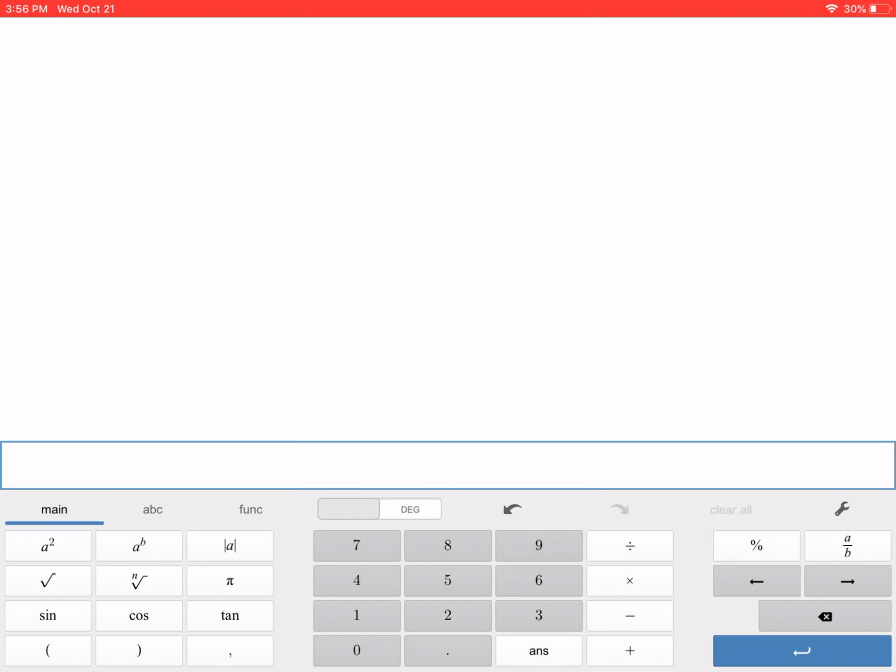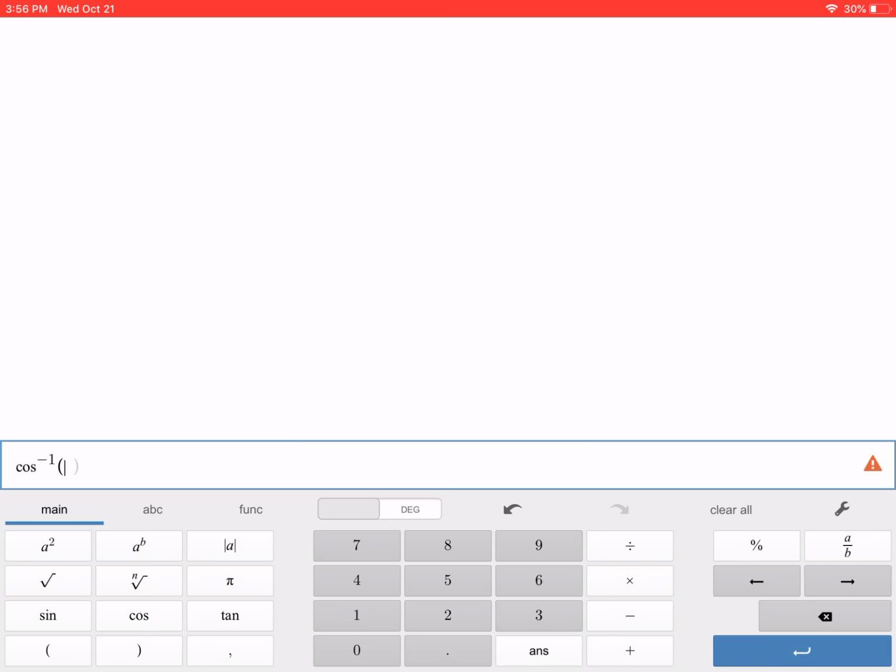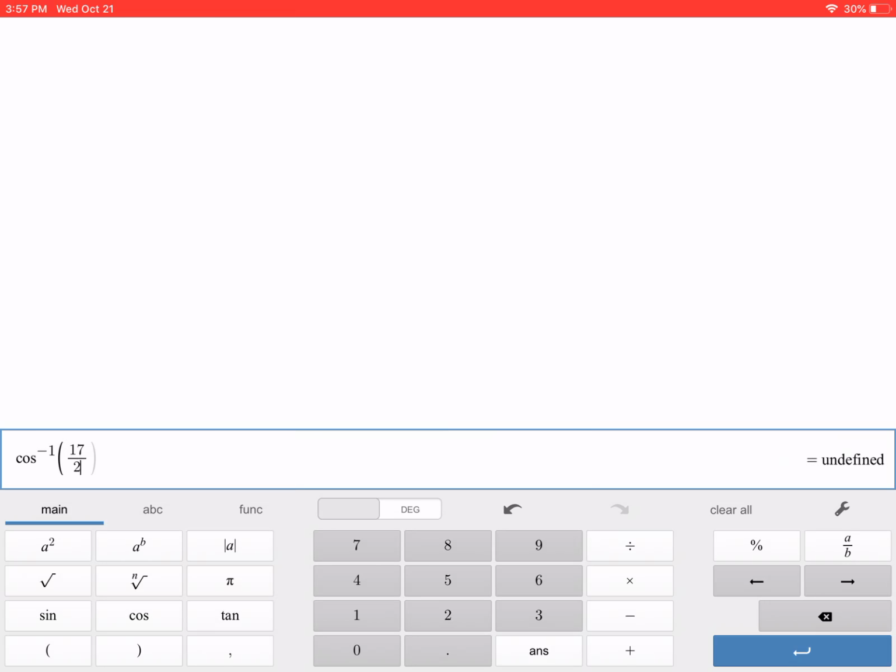Okay, and I'm going to hit the function button, and I'm going to choose the inverse cos function. I'm going to hit the main button to bring up the number pad, and then I'm going to type in the ratio, 17 over 22.